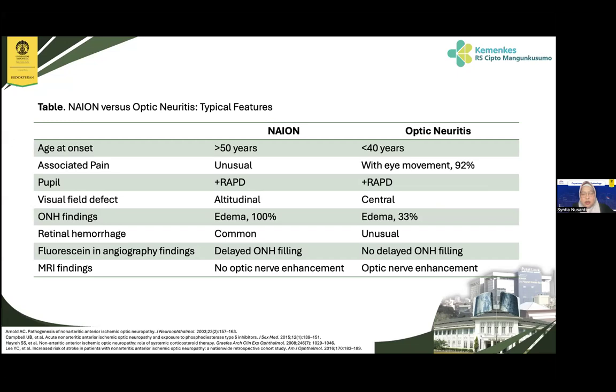Usually in non-arteritic there will be 100% edema, even though it's a segmental edema. But in optic neuritis, some of them will come with a normal fundus. And retinal hemorrhage is common in NAION, but unusual in optic neuritis. And if you do imaging, you will find no optic nerve enhancement in non-arteritic ischemic optic neuropathy compared to optic neuritis.